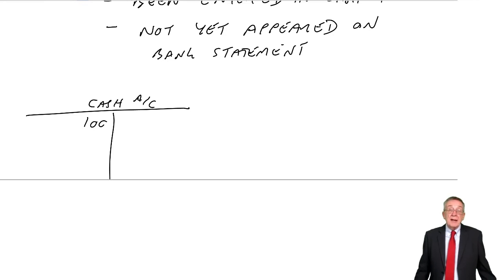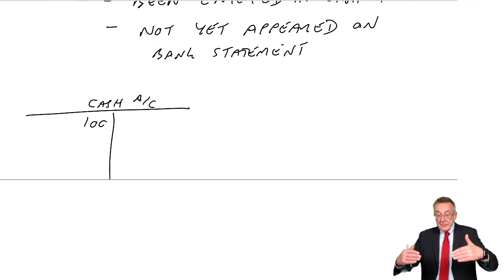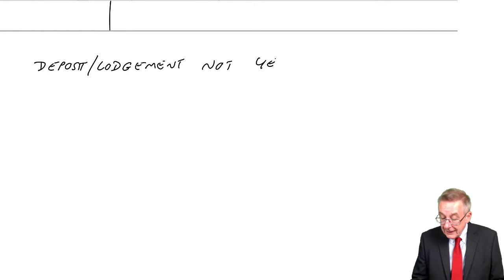And again, it can be several days before it appears on the bank statement. And during that period, the bank will show a different balance. Well, we call that a deposit or a lodgement not yet credited.